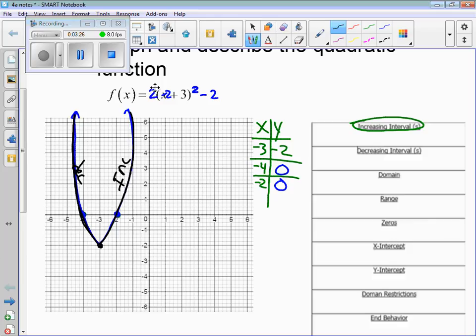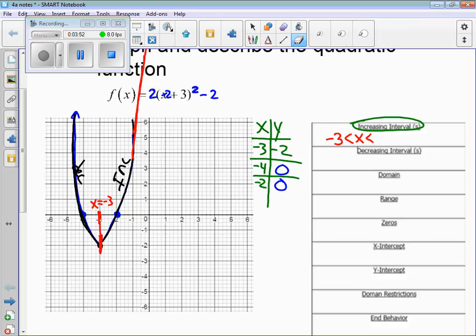Where the stop and start is here, it's always the x values. It's x equals negative 3. So it's going to increase from negative 3 on the x values. We're talking x's. As this goes up, it's going to continue to go to the right forever and ever. My graphic is a little off there.